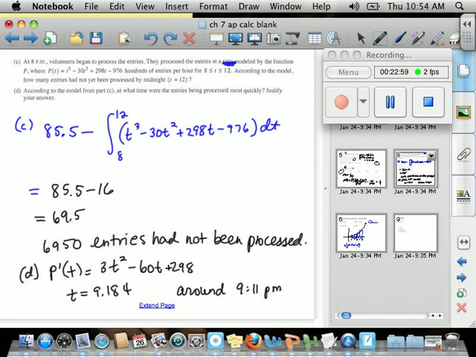Okay, so I wrote around 9:11 p.m. How did I get 11? You had 10 exactly? Oh, so maybe I messed something up. I had 9.184, so obviously something else.